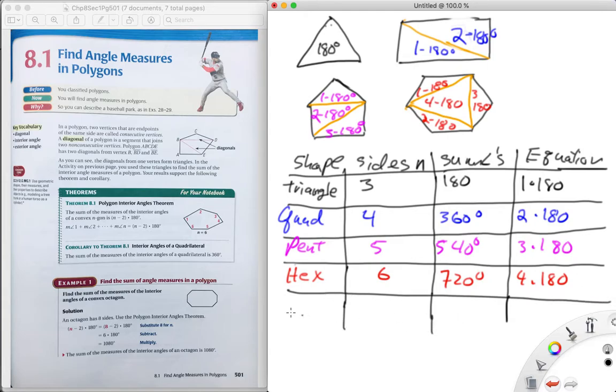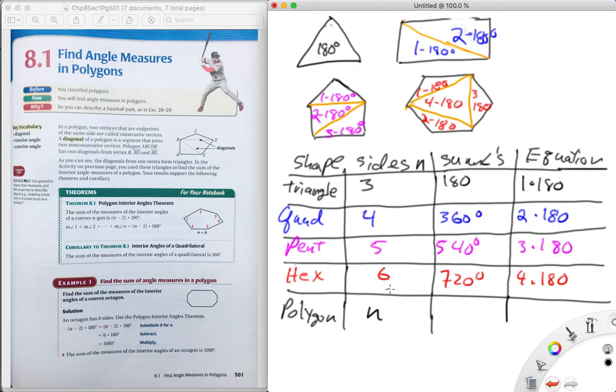So for any polygon, and let's say the number of sides is going to be n, we would have the sum be the number of triangles times 180.